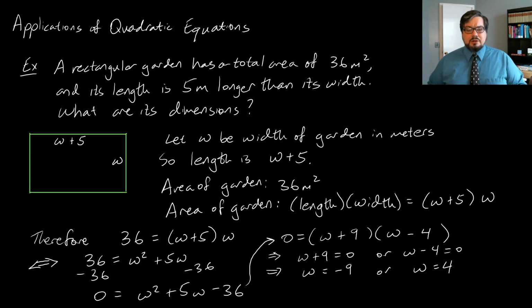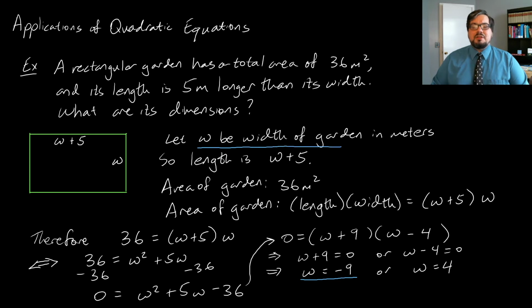In particular, let's consider the solution w equals negative 9. Well, w was supposed to be the width of the garden measured in meters. And a width of negative 9 doesn't make sense. We don't consider negative distances in geometry. We don't consider negative lengths or widths or anything like this.